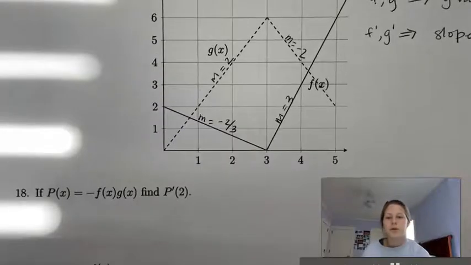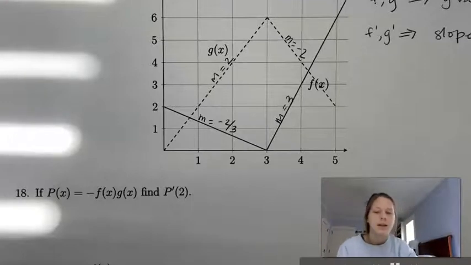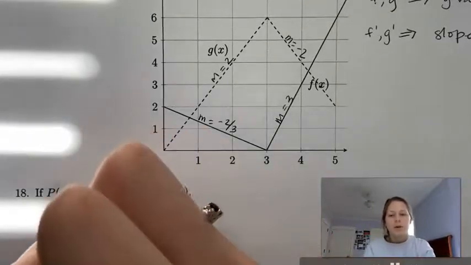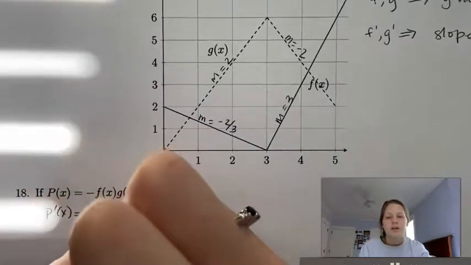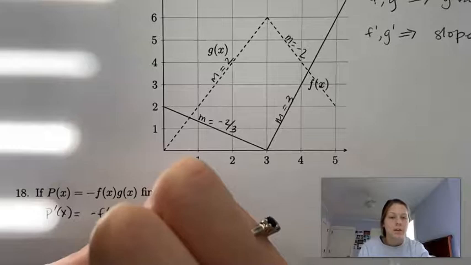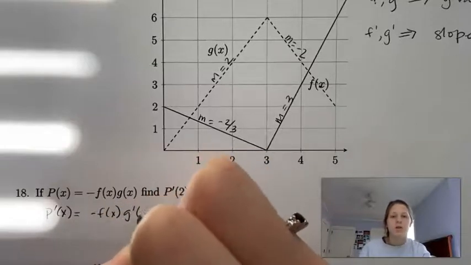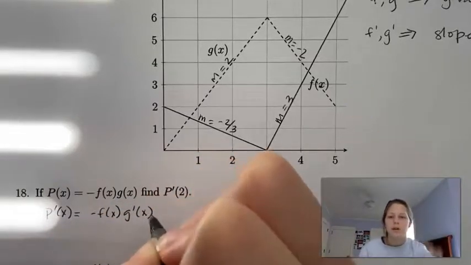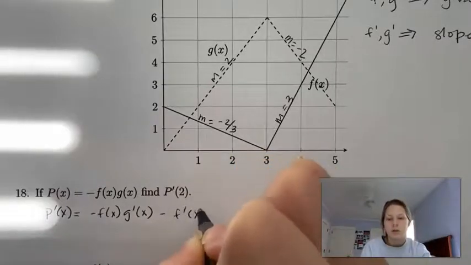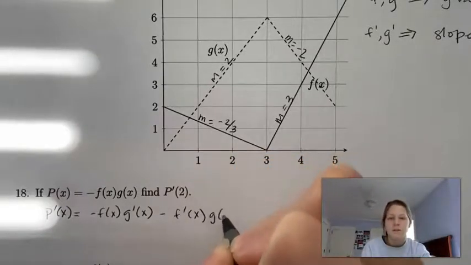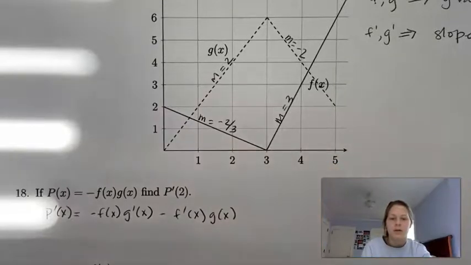Okay, so for the first question with the graph, we're solving them basically the same way we did the first few questions on the first page, except instead of using a table to find the values to plug in, we'll use the graph up here. So we'll take the derivative of this function, which is p prime of x equals negative f of x times g prime of x minus f prime of x times g of x.